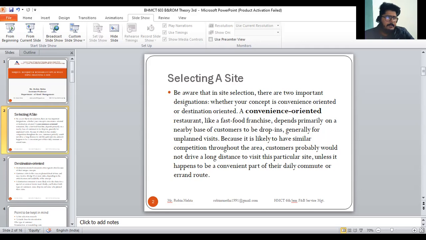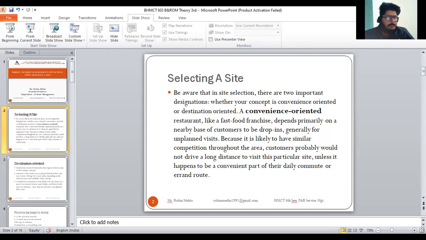In the next point, customer visits in this case are planned ahead of time and may involve driving 10 or more miles depending upon the attractiveness and availability of the concept. Like I told you, why are people coming so far when they can get things near their home?